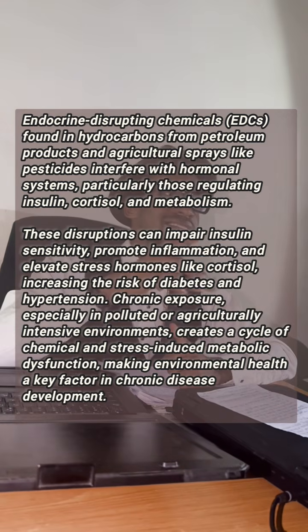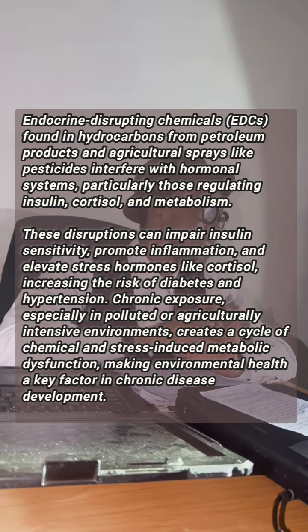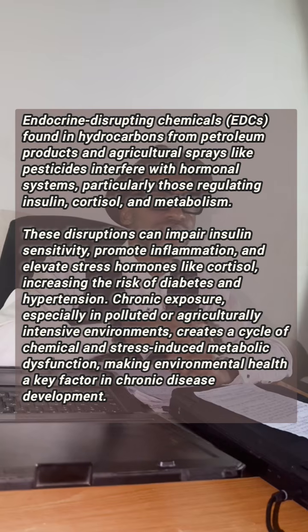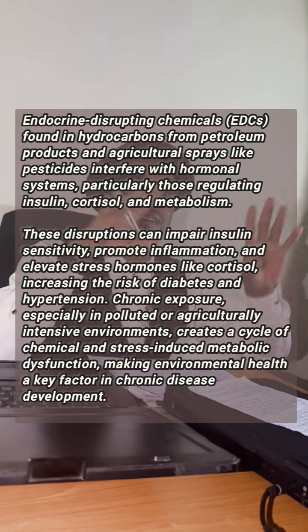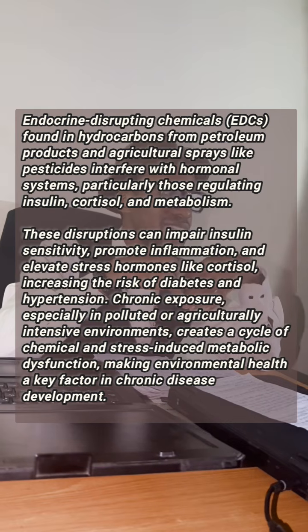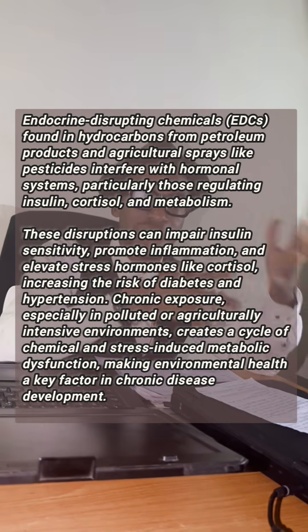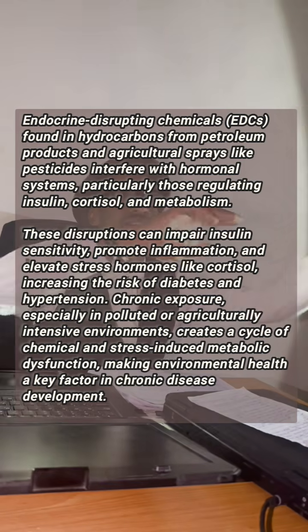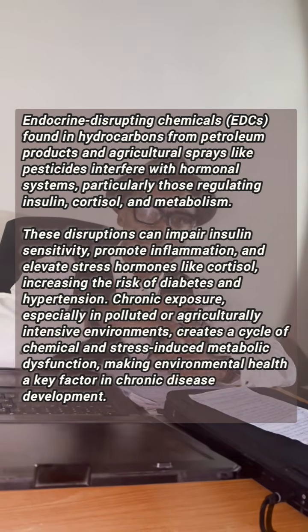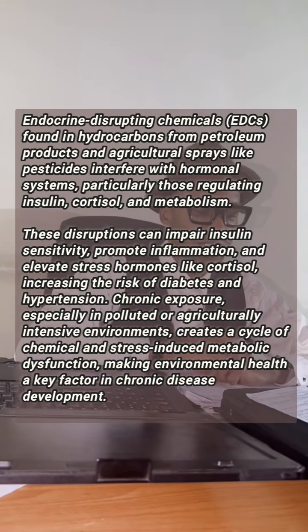So anything that causes imbalance to the endocrine system will definitely cause problems with hormones. So endocrine disrupting compounds are the second way the environment can affect diabetes, because anything that is harmful to the person in the environment can lead to such problems.